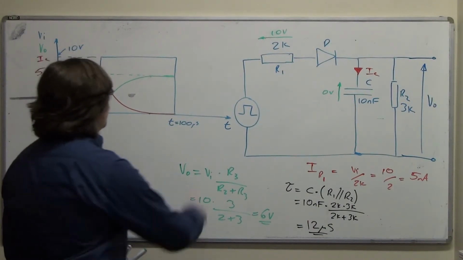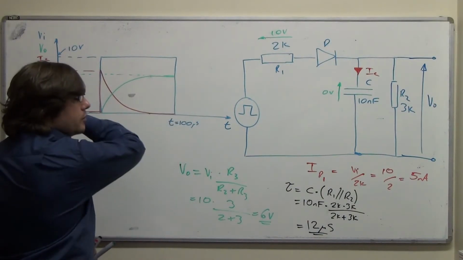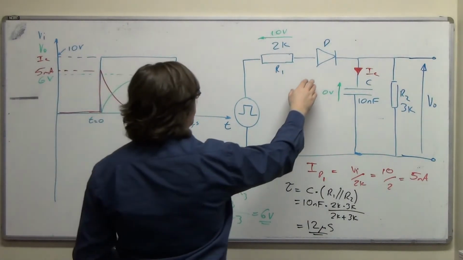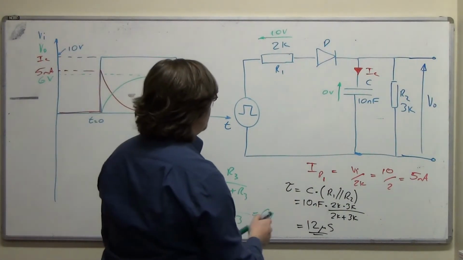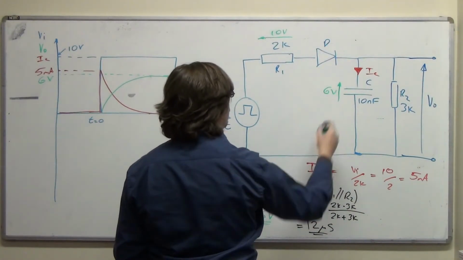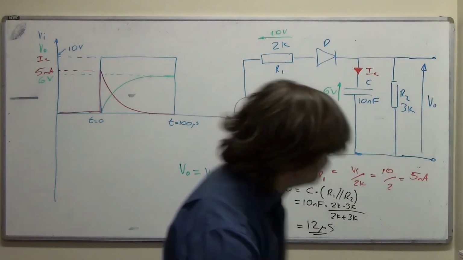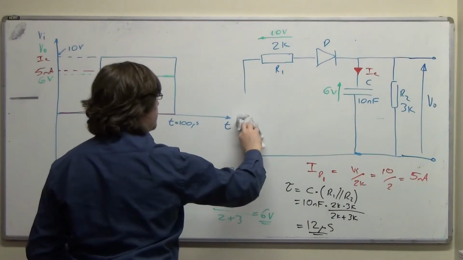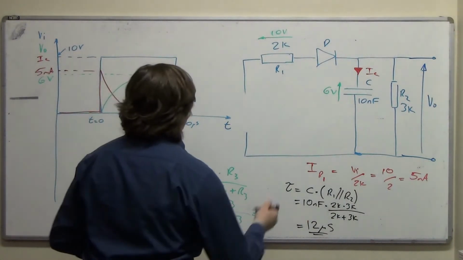Well, when the trailing edge of the pulse arrives, or when the pulse finishes, this diode will be reverse biased, because the voltage on the capacitor will now be 6 volts, and the voltage here will be 0, because we can remove this source, which is essentially switched off, and replace it with its internal impedance, which is nothing, so a short circuit.